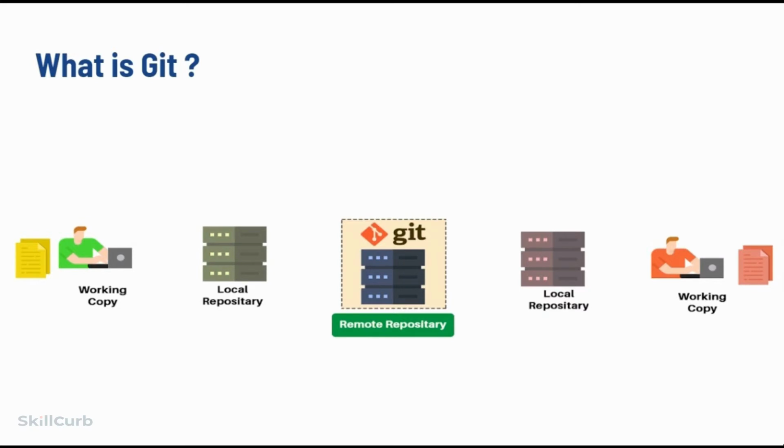Let's see in a bit more detail how this distributed version control system works. The developers at different locations start working and they make a copy of their source codes in a local environment. This local environment can be updated manually, meaning that anyone having access to the local repository can manually update the codes at their location. Then the codes from the local repository are pushed out into the Git repository.